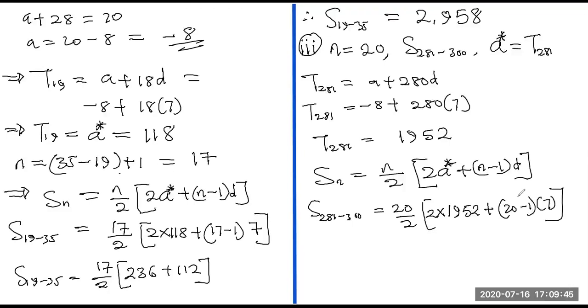Solve this first: 20 minus 1 is 19 times 7. Then multiply the other part, then add the two answers together, before you now multiply by 10, because 20 divided by 2 is 10. So we can now say that therefore, our sum 281 to the 300th term is equal to 40,370. So this is how it is gotten.